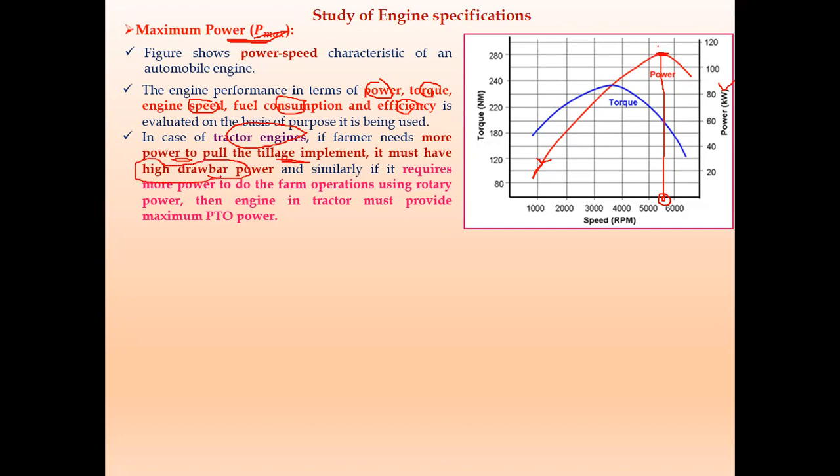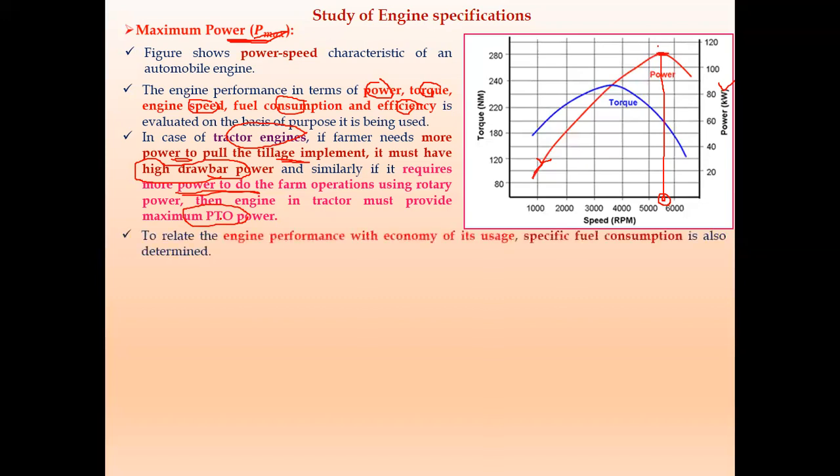Similarly, if it requires more power to do farm operations using rotary power, then the engine in a tractor must provide maximum power, that is maximum power, torque, and output speed also. So that is the difference, one of the examples where these parameters are very much important.